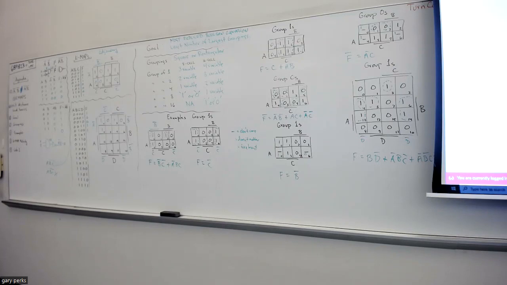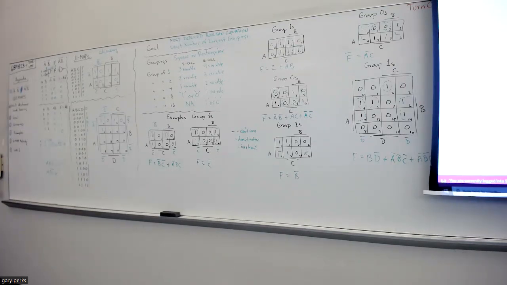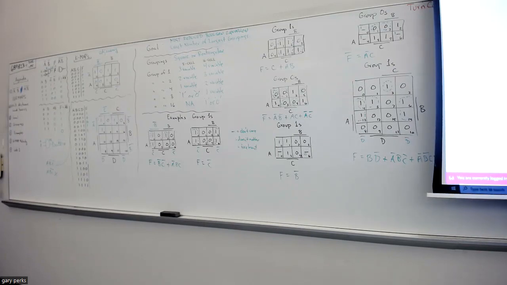Is that how you can tell? No, that's a good question. These compact min forms don't have anything to do with what reduced expression you want. All this tells us is what cells have 1s, so therefore what's not here has 0s. And this just tells us where the 0s are.